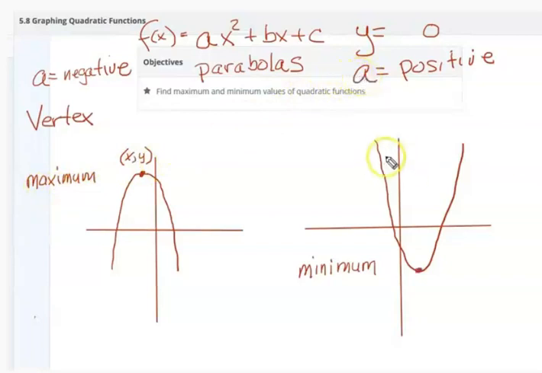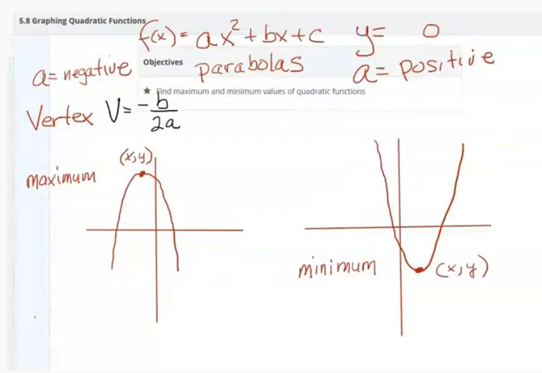The other parabola opens upward, and at the bottom of the parabola, there is the vertex, and since this is at the bottom, we consider that the minimum. Okay, pause. Be sure you get some good notes on this.